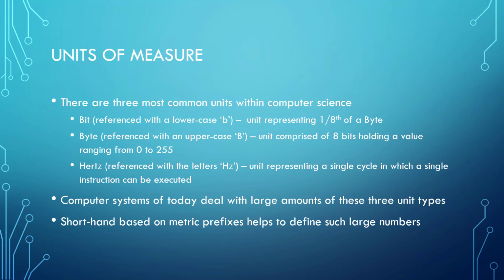Even just talking about that, you can see where bits, bytes, and hertz come into the overall picture. Because we're dealing with such large numbers in computer systems, there's a shorthand based on metric prefixes that help us define these numbers in a more specific and scientific manner.